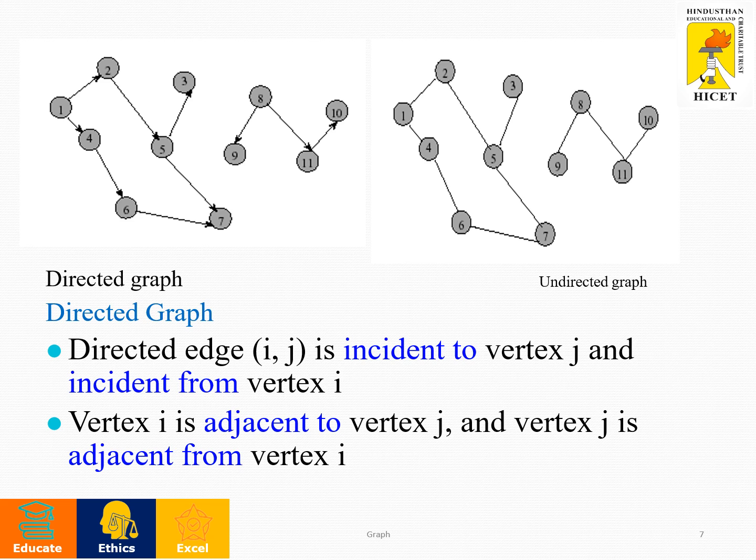And here there exists a path from 1 to 2, but 2 to 1 is not available. You can see the direction. You start from 1, vertex 1, you can move to vertex 2. From vertex 2 you can move to vertex 5. From vertex 5 you can move to vertex 3. Okay, but from vertex 3 you can't move to any places because there is no outgoing edges available.